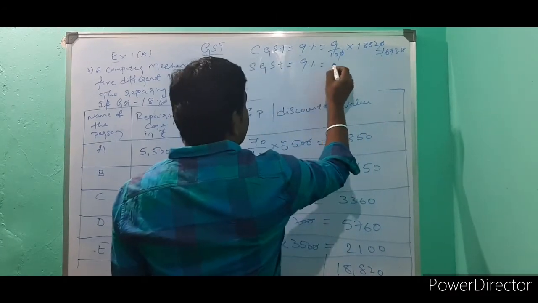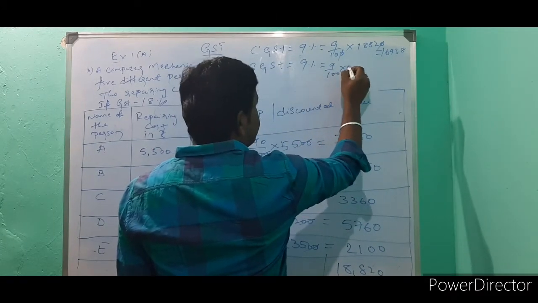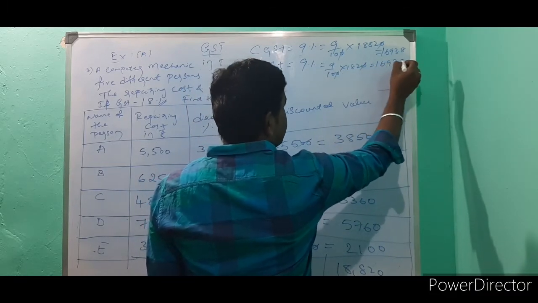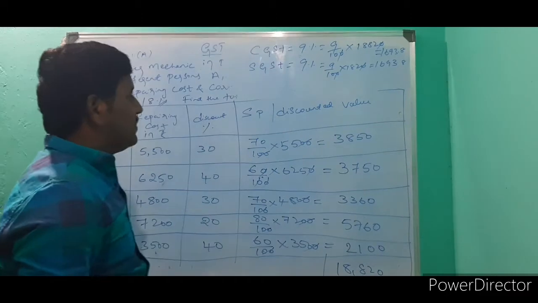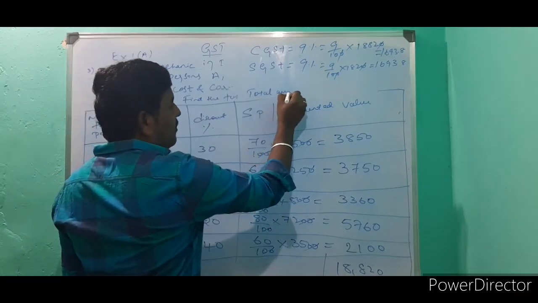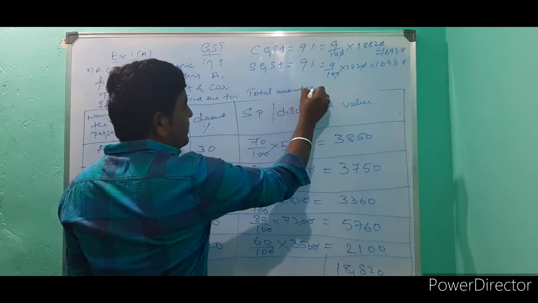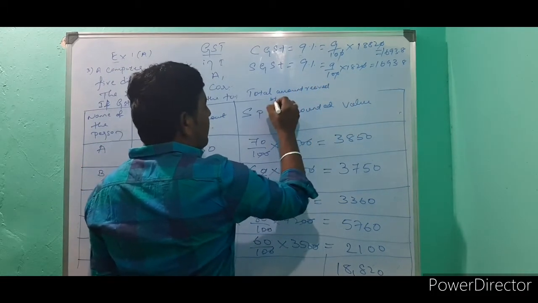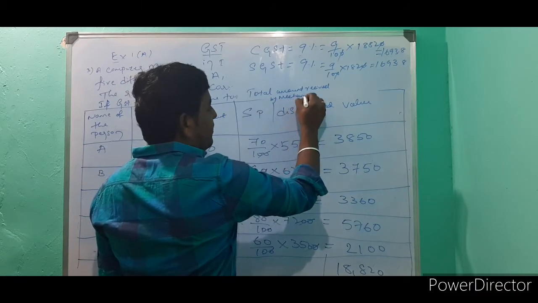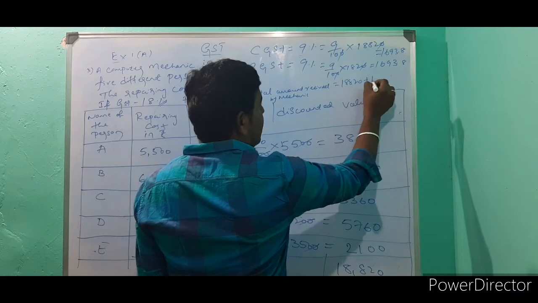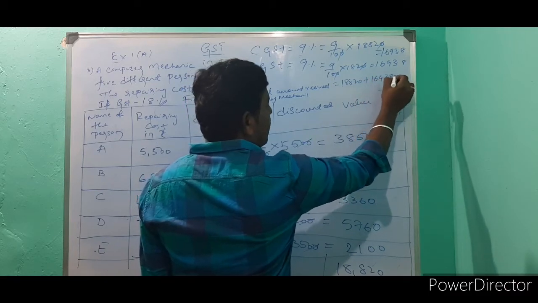For SGST, do the same calculations. Same. So the total amount received by the mechanic is 18,820 plus both GST amounts added.